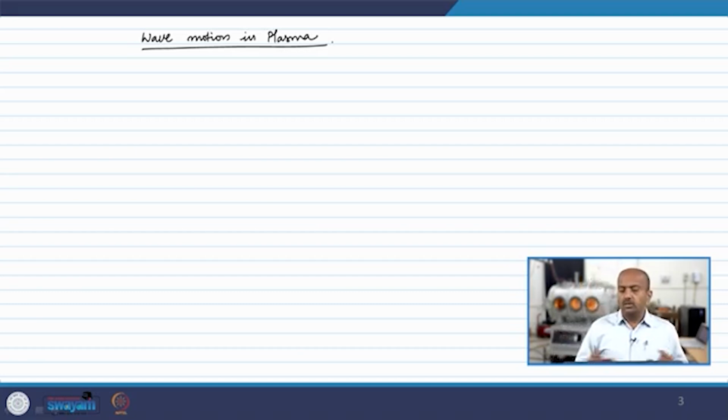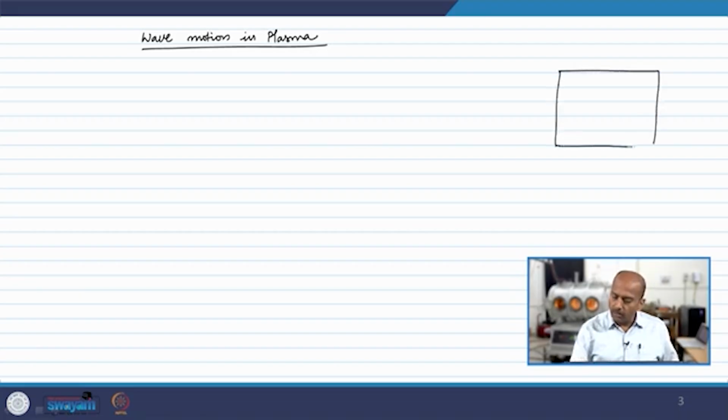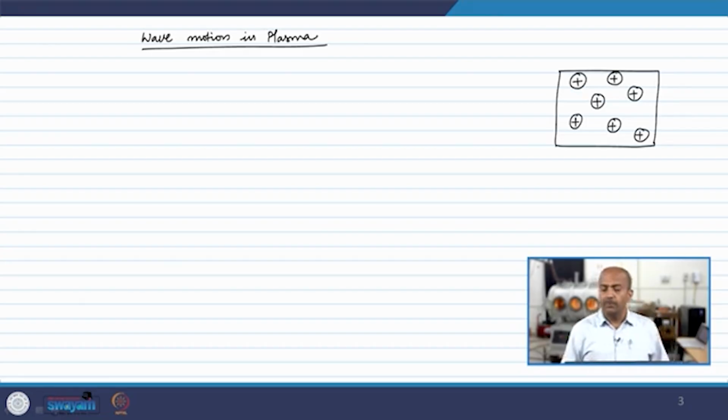So, let us say the ions are stationary in our picture and not moving anywhere. If this is your plasma system, you consider all the ions to be stationary. So, they constitute a constant positive charge background and it is the electrons which are moving from place to place.